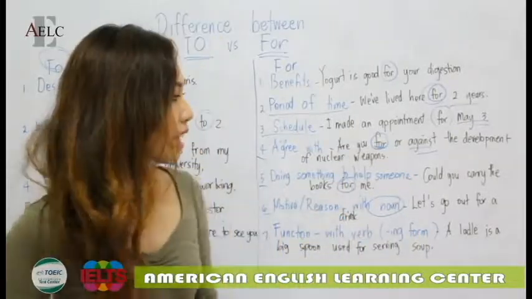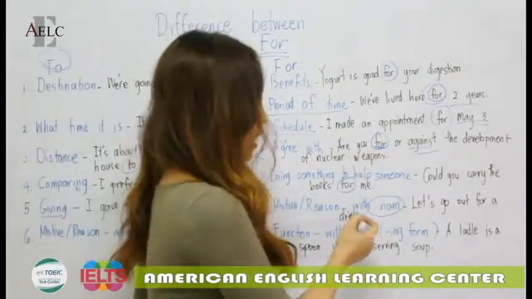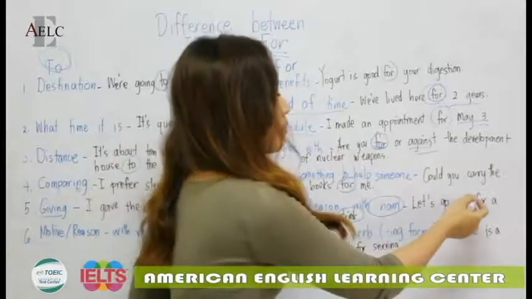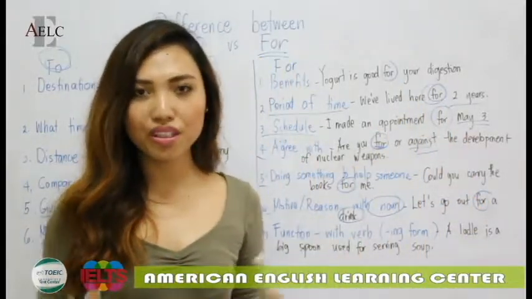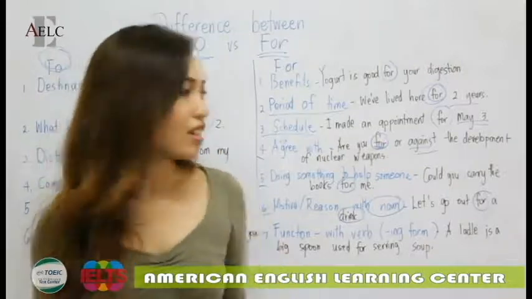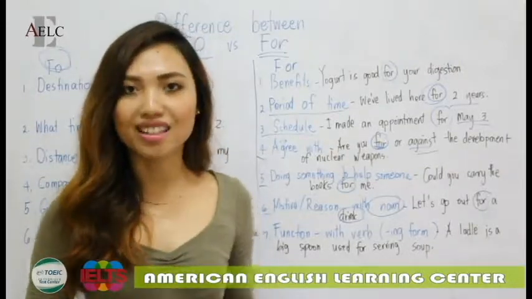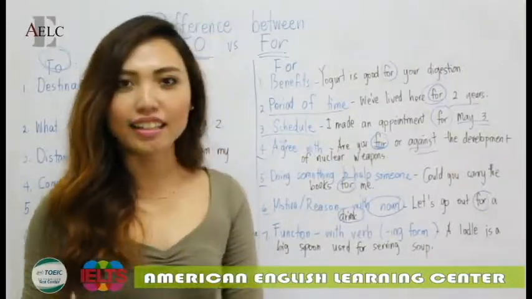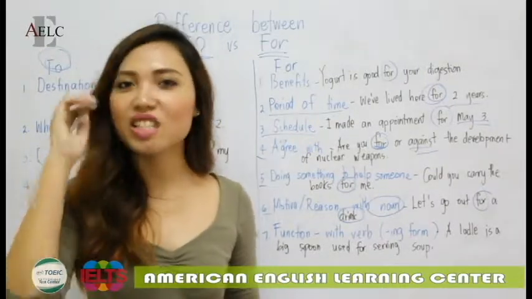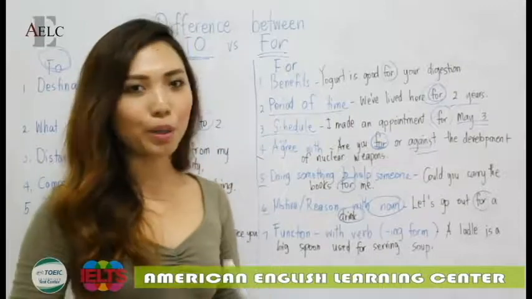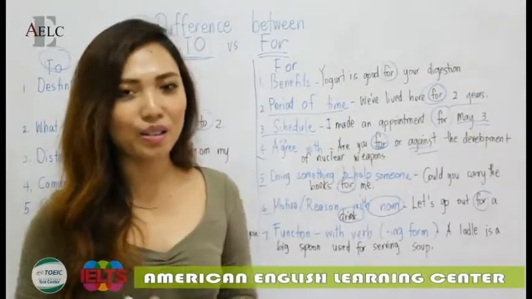For example, let's go out for a drink. Drink is your noun, and for is the reason or motive why we have to go out. It's for a drink, like alcoholic beverages, a beer or liqueurs. That is the purpose why we have to go out.